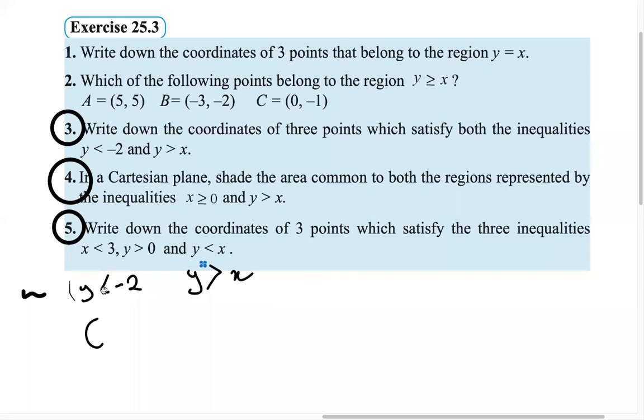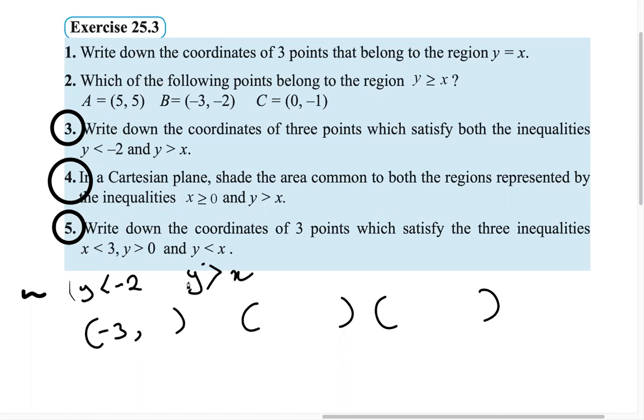Is it x or is it y? In order to do this as fast as you can, you should decide the y coordinate first. Why? Because here you have two restrictions in y. It says y should be greater than x and it should be smaller than -2. So simply you can take -3.